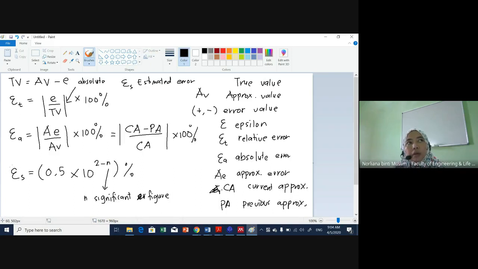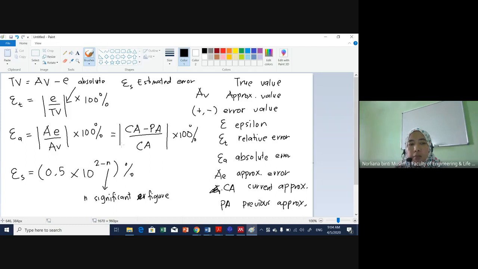For example, in certain situations we will consider plus and minus 0.005, depending on the decimal places or significant figures. But when it is related to significant figures, it already counts the maximum error that it can be. So we have the formulation 0.5 times 10 to the power 2 minus n, where n refers to significant figures. This formula cannot be used for decimal places.